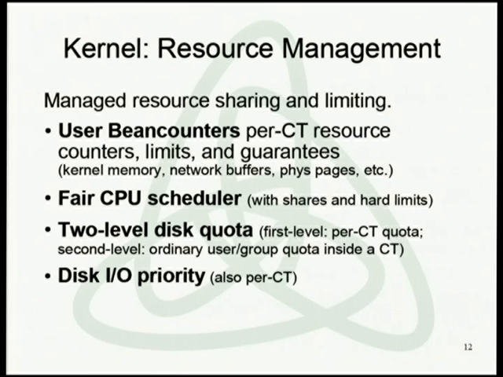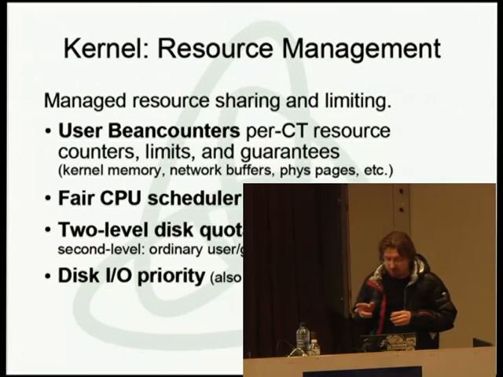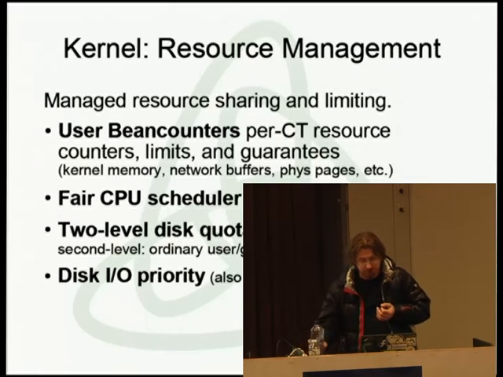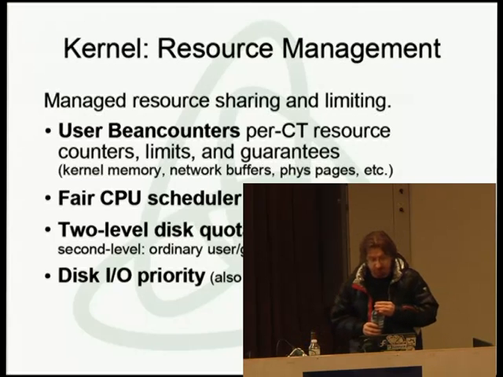The problem is there is one kernel and one set of resources like memory, disk, and so on. So there is a need for a resource management mechanism to keep the containers within the limits that we set, in terms of memory, CPU, disk space, network, and so on.